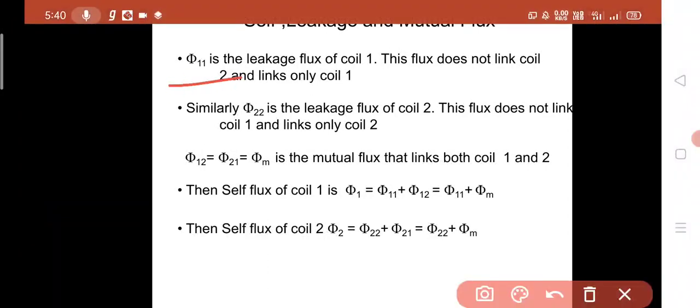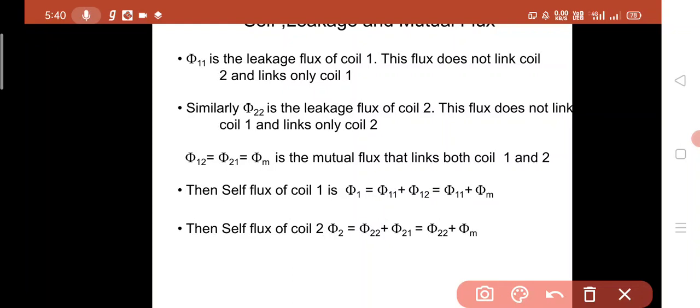So phi 11, see the first point. Phi 11 is the leakage flux of coil 1. This flux does not link coil 2 and links only coil 1. Second point, similarly phi 22 is the leakage flux of coil 2.